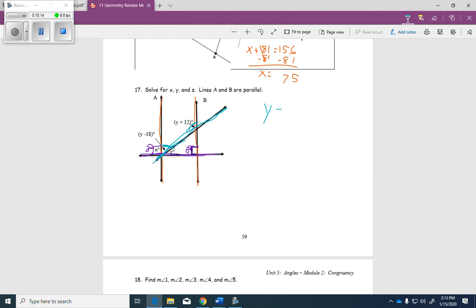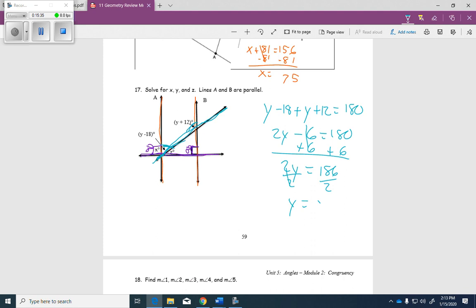So y minus 18 plus y plus 12 equals 180 degrees. Combine like terms. I get y is 93.